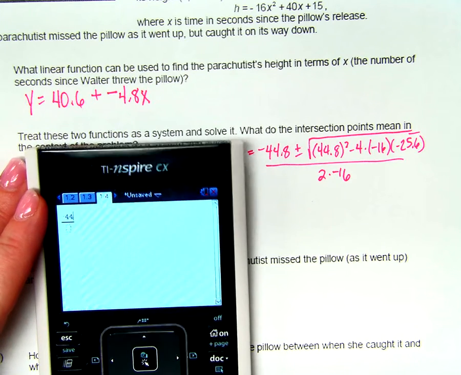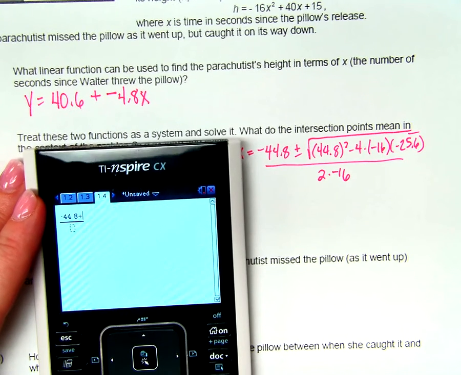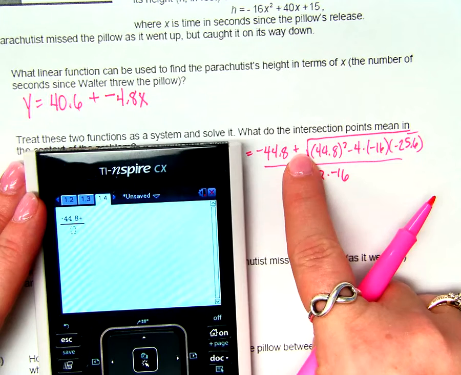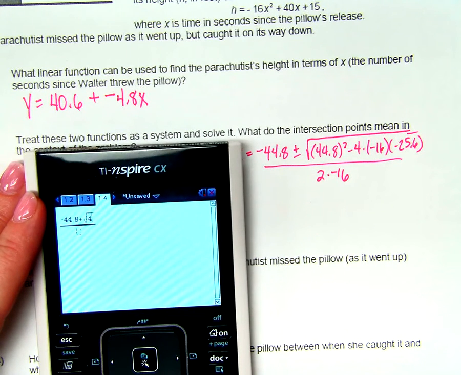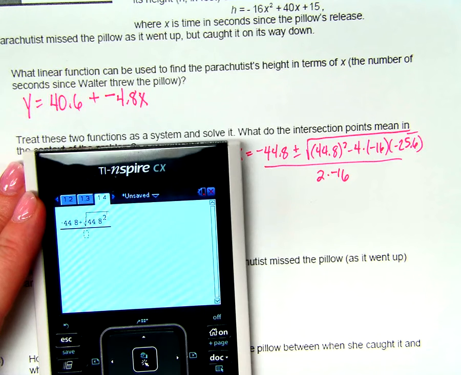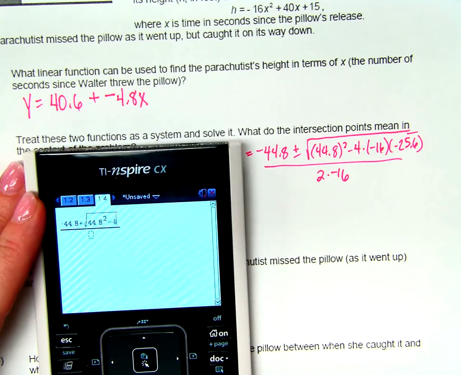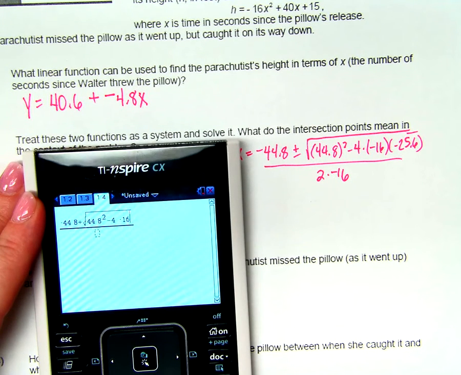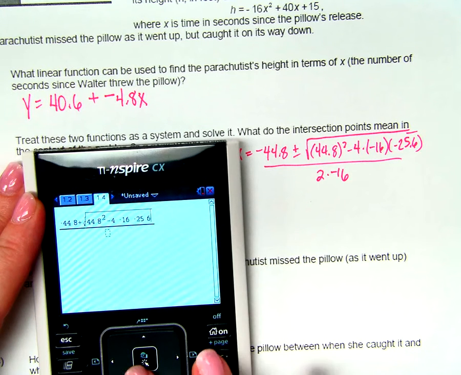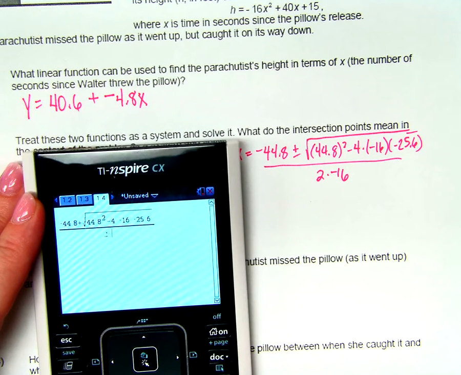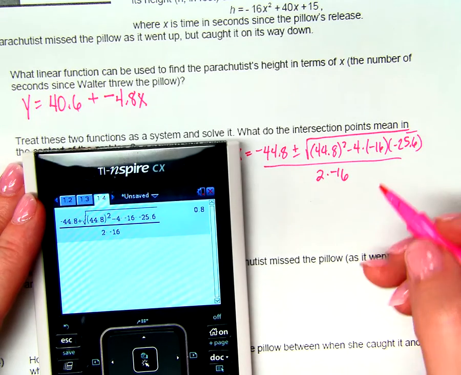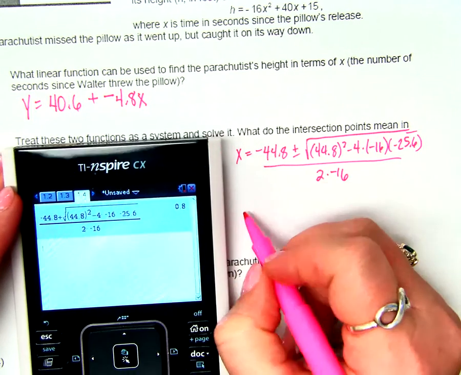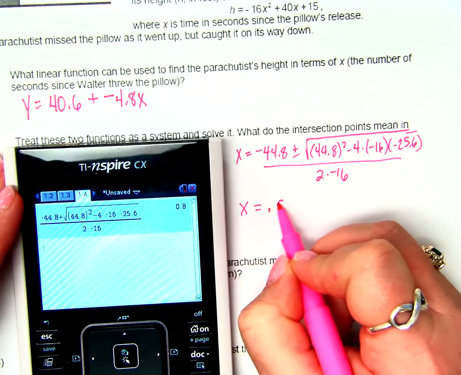Negative 44.8 plus. I'm just going to do the plus right now. The square root of 44.8 squared minus 4 times negative 16 times negative 25.6, all over 2 times negative 16. x equals 0.8.